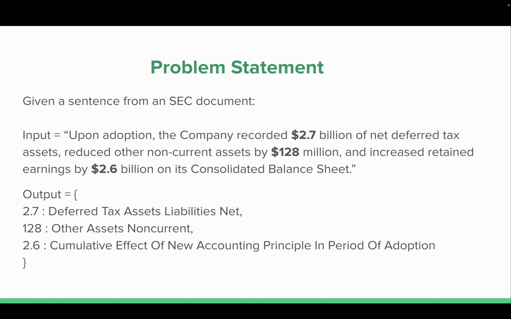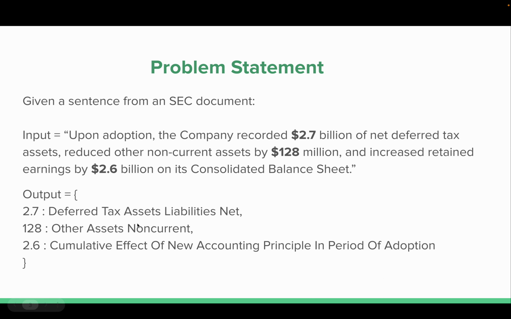So the problem statement is as follows. Given a sentence from the 10K report, we have to identify the particular numericals that should be tagged by some XBRL tag. For example, "upon adoption, the company recorded 2.7 billion of net deferred tax," and this is the complete sentence where 2.7 billion, 128 million and 2.7 billion are the numerics, and this is the output that we want.